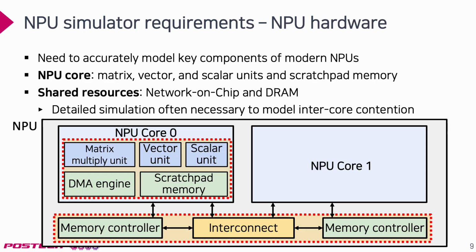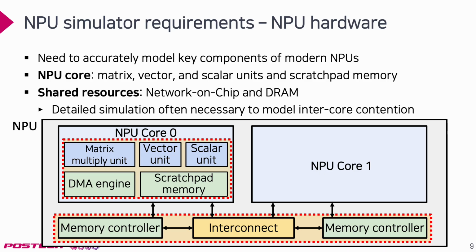When it comes to the NPU hardware, different components in the NPU need to be modeled accurately as well. So a modern NPU architecture has units such as the matrix multiply unit, vector and scalar units for computation, the scratchpad memory to hold the data needed by the functional units, and the DMA engine that supports data movement between the scratchpad memory and the DRAM.